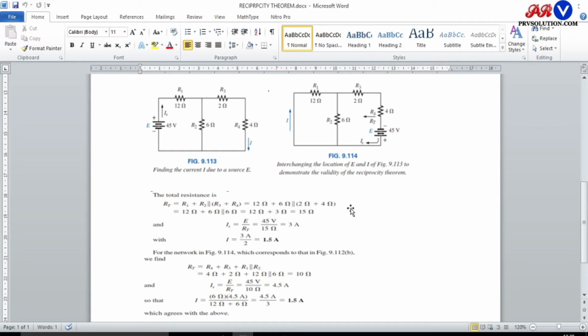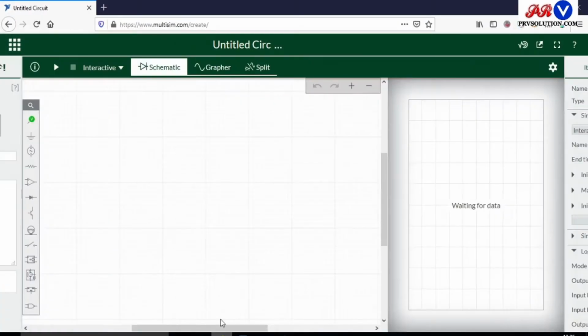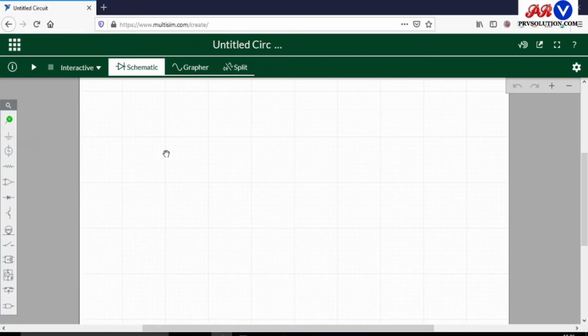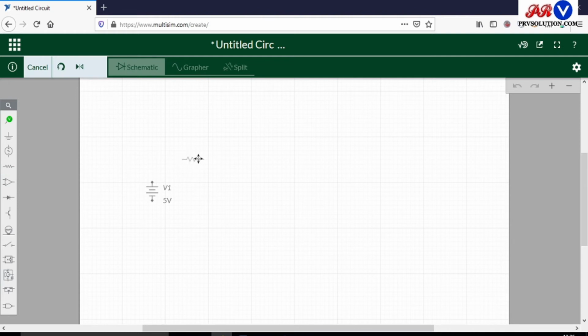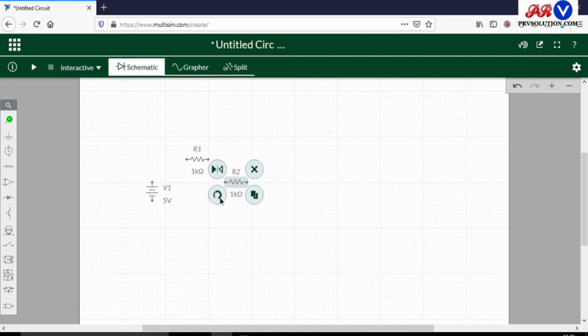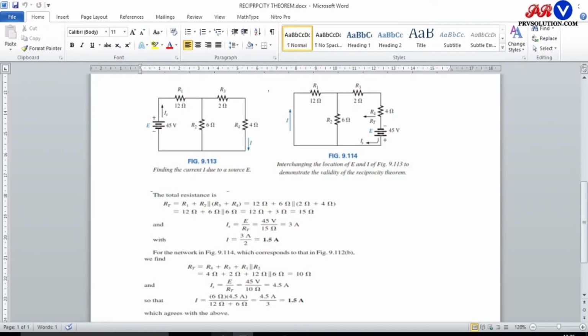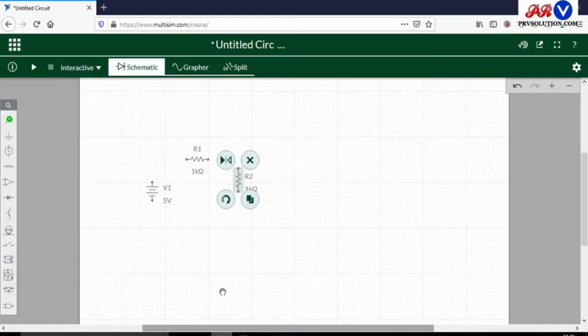We will verify this circuit by using Multisim software. So let us design this circuit. I have opened Multisim Online. I need a voltage source, then I need resistances: twelve ohm, 6 ohm, 2 ohm.